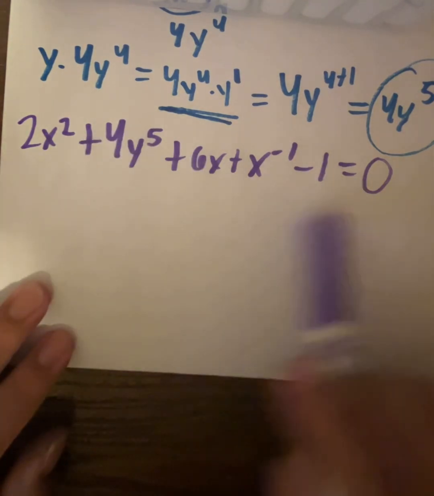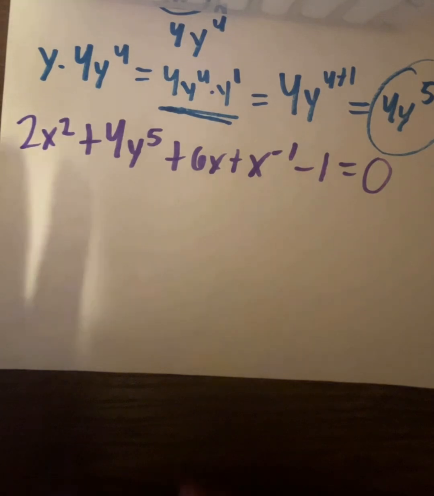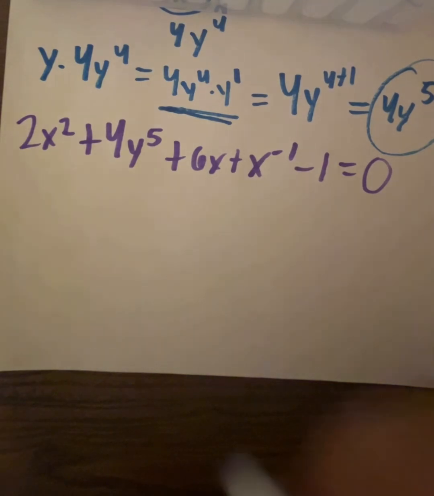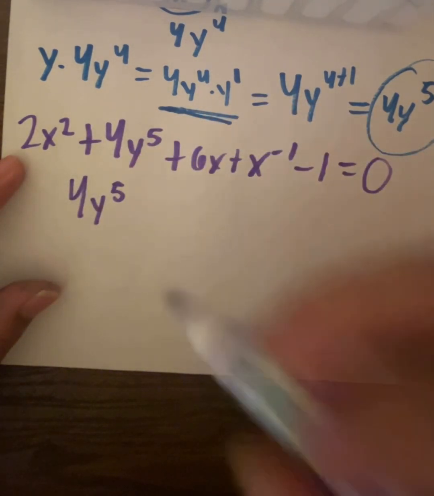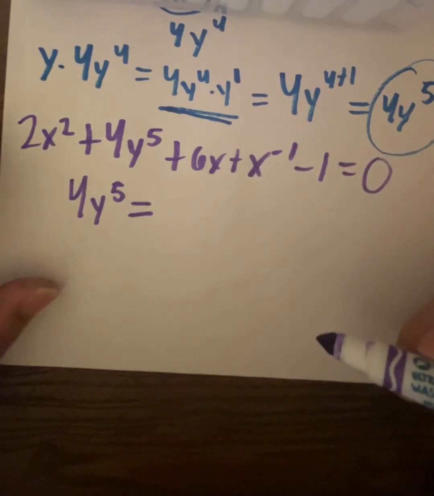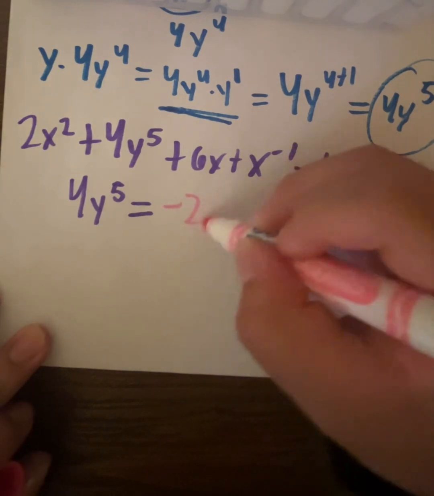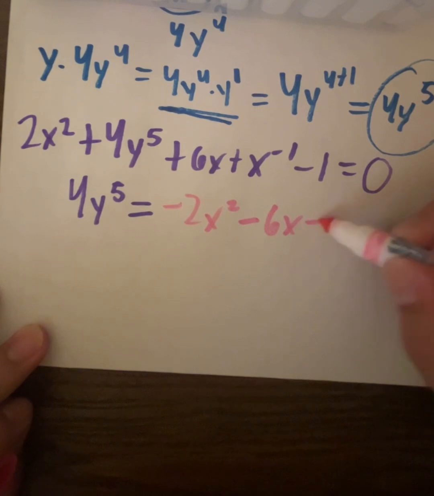And now that we have this left, what do we do? Well, I want to keep the y positive just for my preference, so we'll just bring down everything else. We will have 4 times y to the 5th power, and then bring down the 2, bring the 6x to the other side, bring the x to the negative 1 to the other side, and bring negative 1 to the other side.